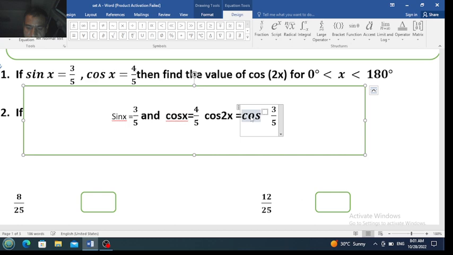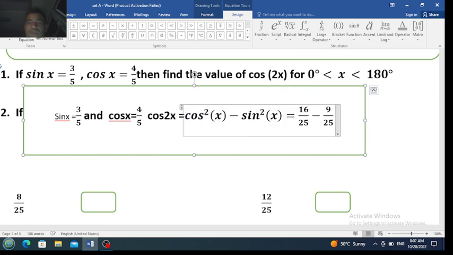Then, learners, you can see this is equal to cosine square of x, so I square this number. 4 divided by 5, all squared, means 16 divided by 25, because the square of 5 is 25, minus the square of 3, which is 9, and the square of 5 is 25, divided by 25.